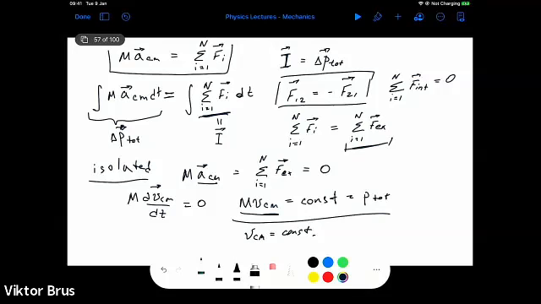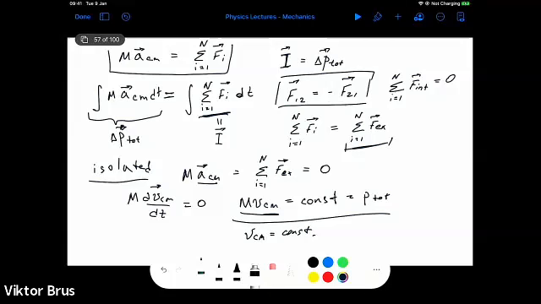So this is the definition of the conservation law of linear momentum in the case of a system of many bodies.